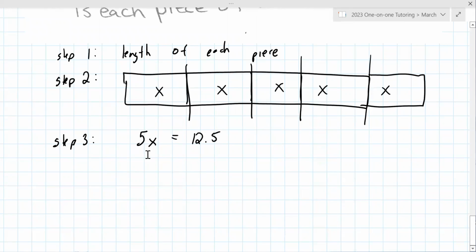How do you undo multiplication? With division. You divide both sides by 5. Yeah.